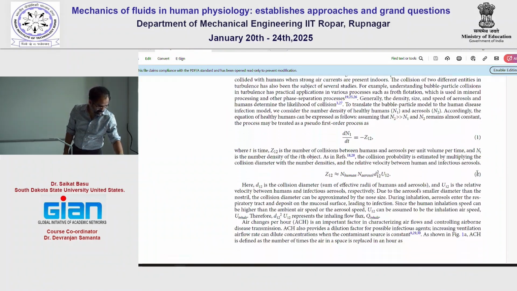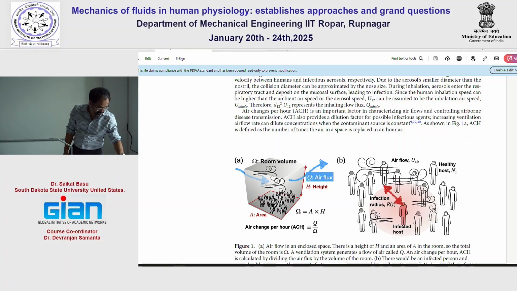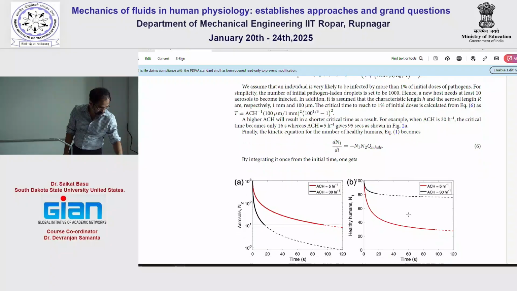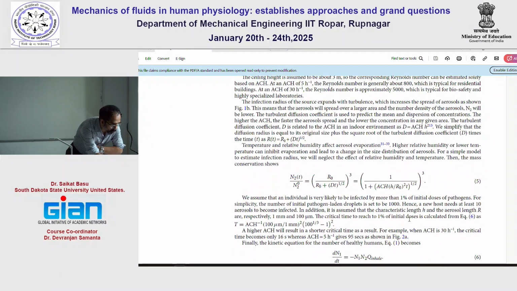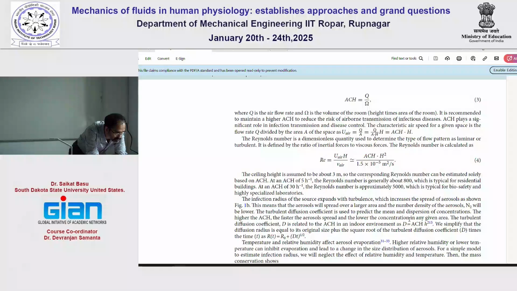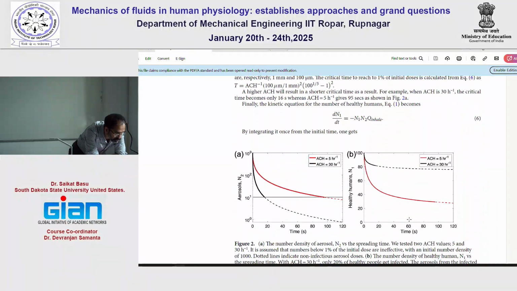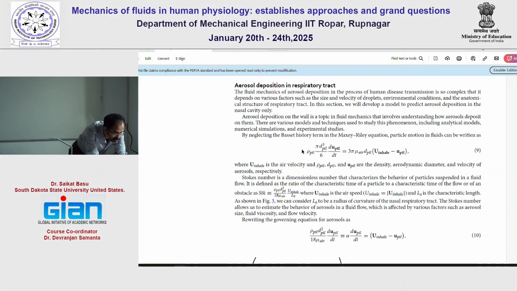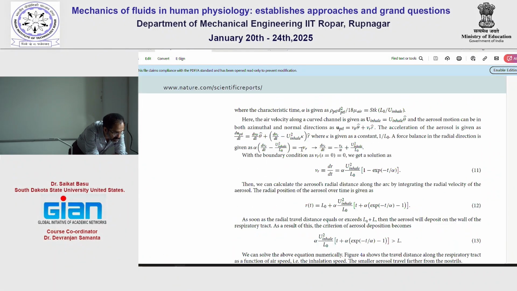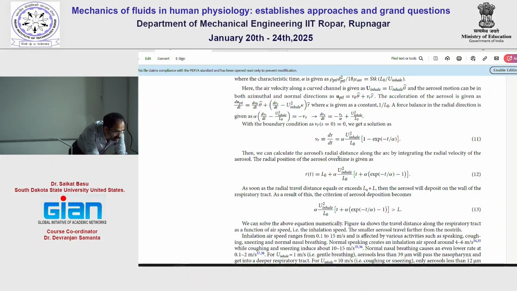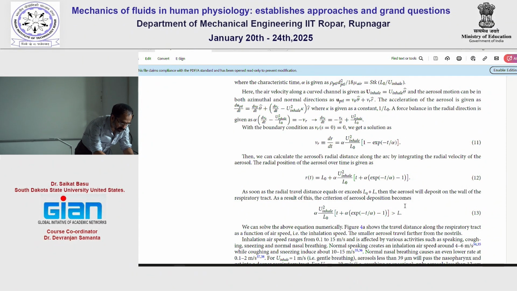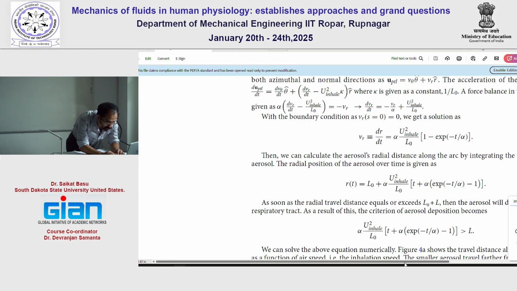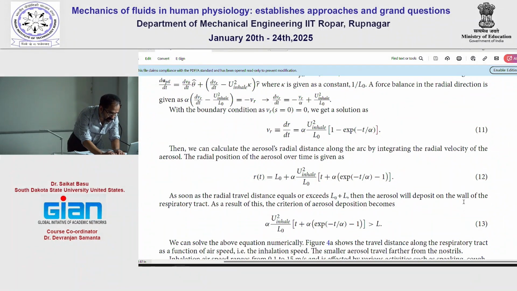But let's go to this equation over here. So this was the room level modeling that he did. And then he's going to model the aerosol deposition inside the respiratory tract. And eventually he's coming up with this particular equation over here, equation 13.